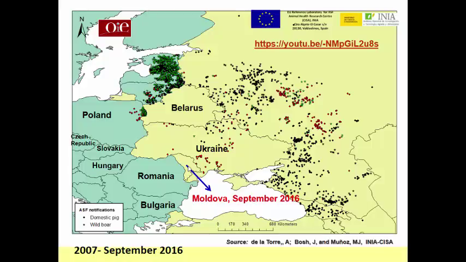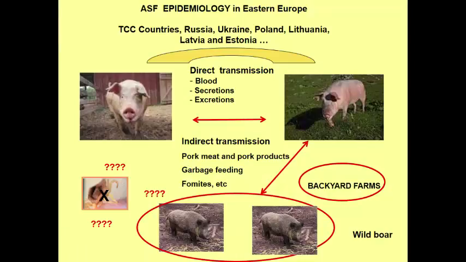So the disease is really progressing in Europe, and the ways that it is progressing are the regular ones. The disease is maintained between the domestic pig population. At the beginning, the main problem concerned the domestic pig population. But in these countries there are a lot of backyard farms, and these backyard farms are in contact with the wild boars, and the wild boars became sick, infected with African swine fever.